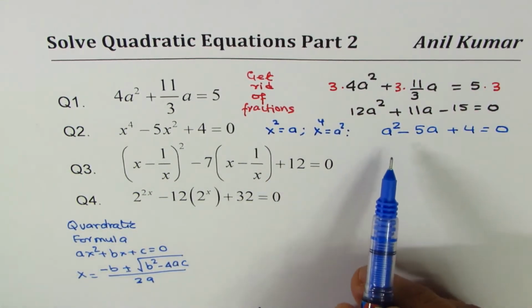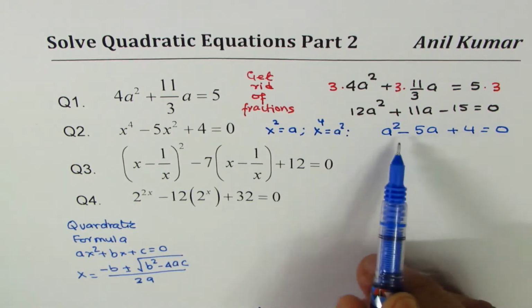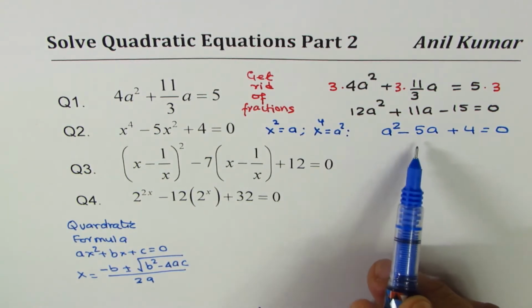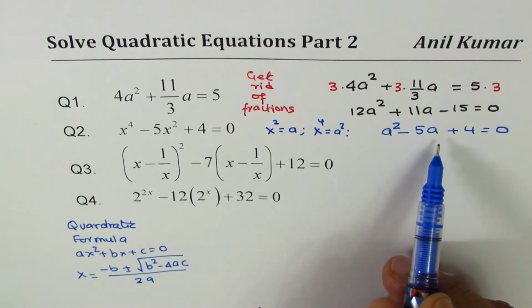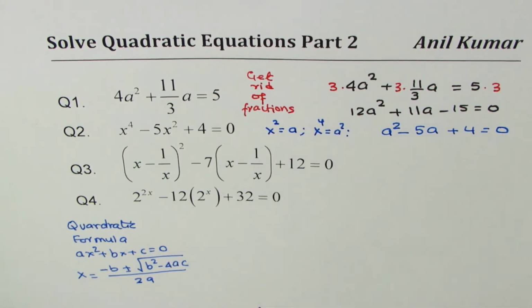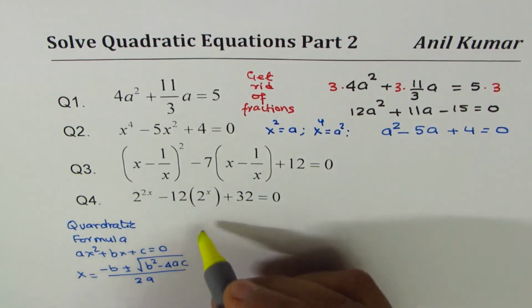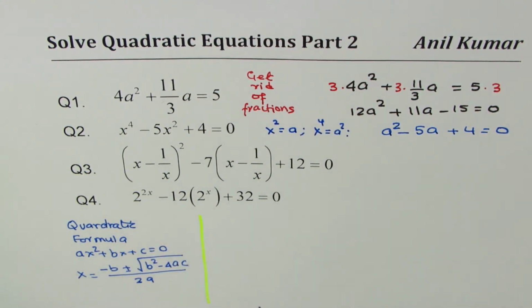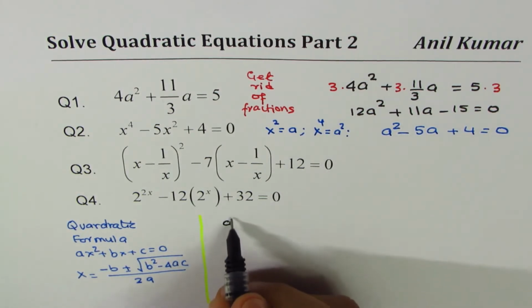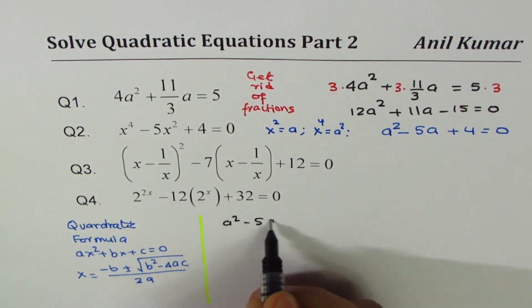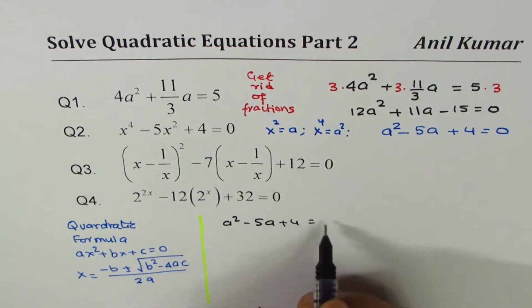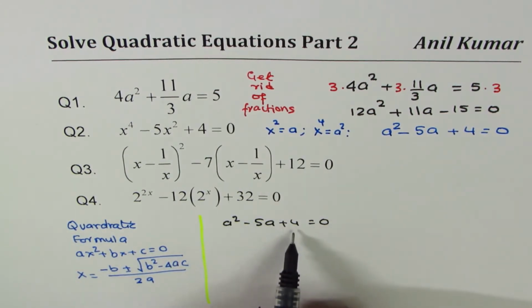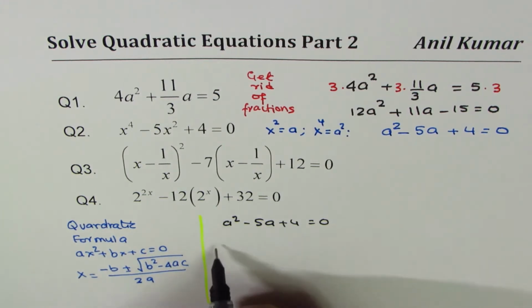So now I can always solve for a, right? We could use factoring technique in this case, right? So the second strategy is to use factoring technique. And let me solve this equation here for you. So we have a square minus 5a plus 4 equal to 0. We are looking for two numbers whose product is 4 and sum is minus 5.